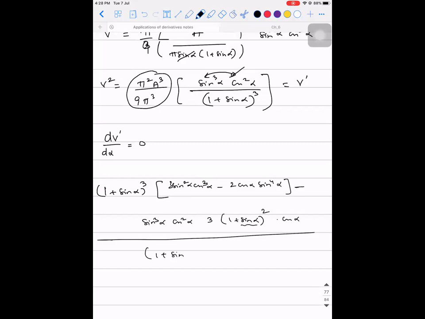Why minus cos alpha? Sin derivative is cos, no, cos only. Sorry sir, cos alpha.